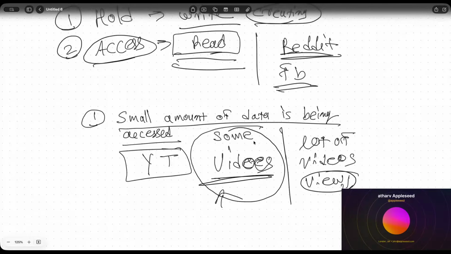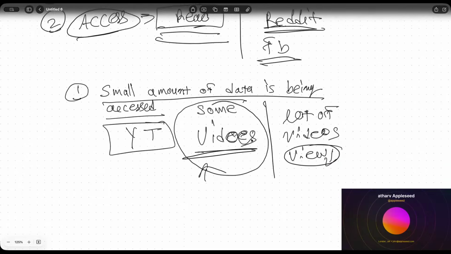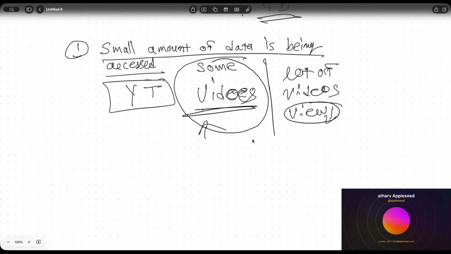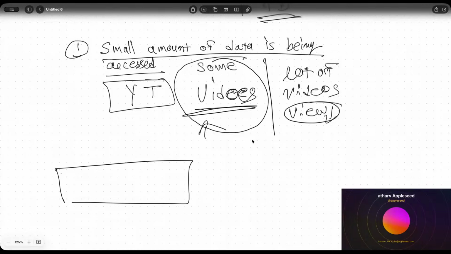So in order to tackle this, you might have heard that we use a cache in front of our database. What we can do is have a pool of servers here. This is the pool of servers that we have.